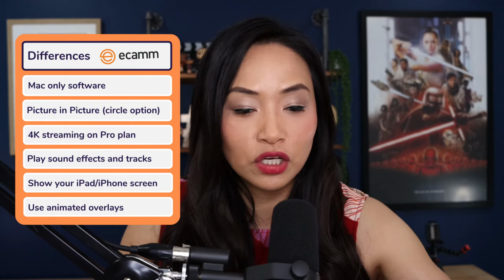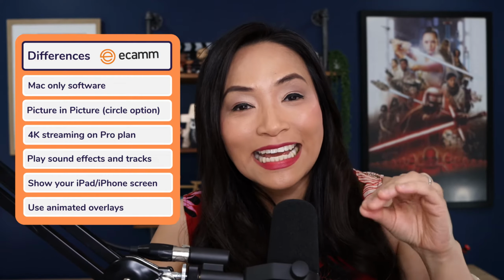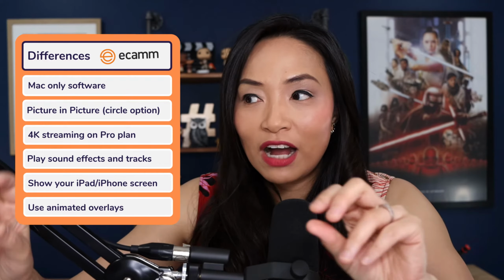Directly within StreamYard, you'd have to get either an audio interface to play the music through, either a physical one or a digital one, or there are little hacks that you have to work around in order to get sound to play. For some people, that's a big deal breaker, but other people who are really creative, like Pete Johns from Studio Live Today, have figured out how to make it all work. So there are definitely ways to do it, but in Ecamm, it's a little bit easier in my view. You can download the tracks and then just add them to sound effects, and we'll have a look at that in a minute.